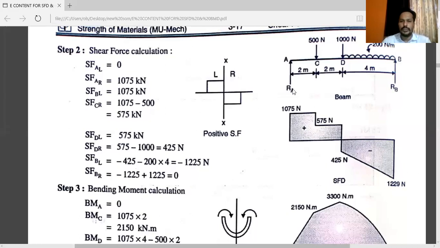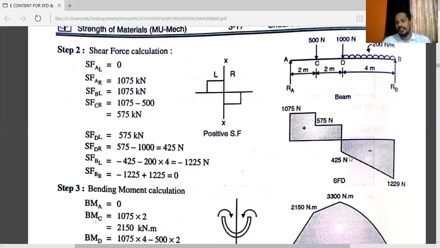See, from A to C there is no load, so the line will be straight. Here this is the 500 Newton. From C to D there is no force, so again there will be a straight line. From this point to this, that is 1000. Already we located the points plus 575 and minus 425, so it is below the baseline.